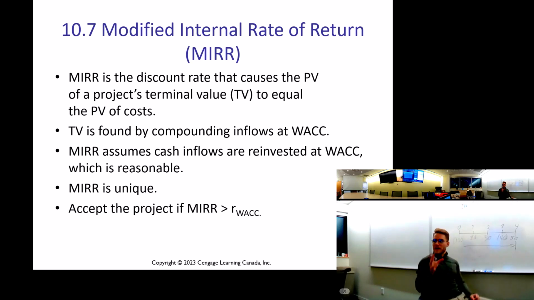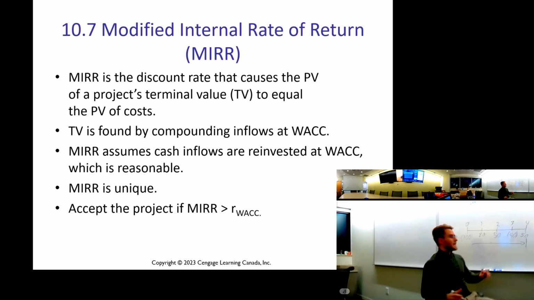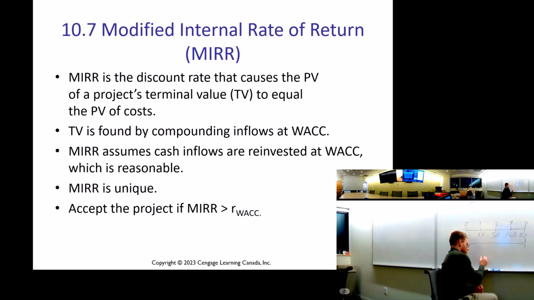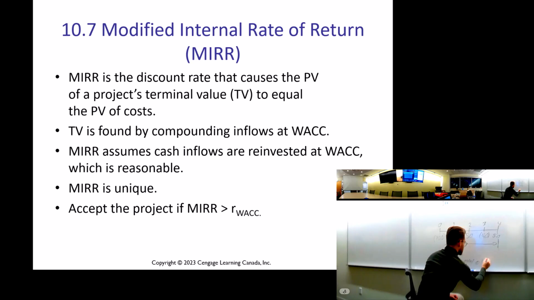So with MIRR, we tell it, okay, this is the rate of return I'll get on these cash flows when I receive them, right? So it will be, say, reinvested at 10%, right?